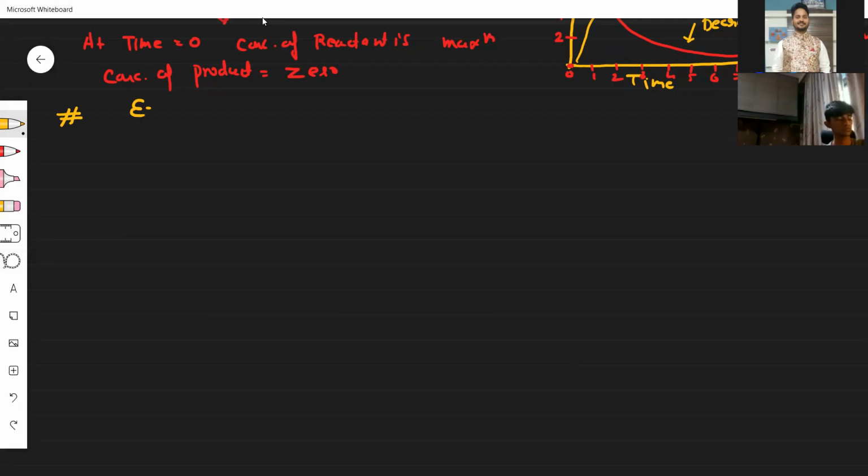So equilibrium needs a closed system. We have already discussed this.